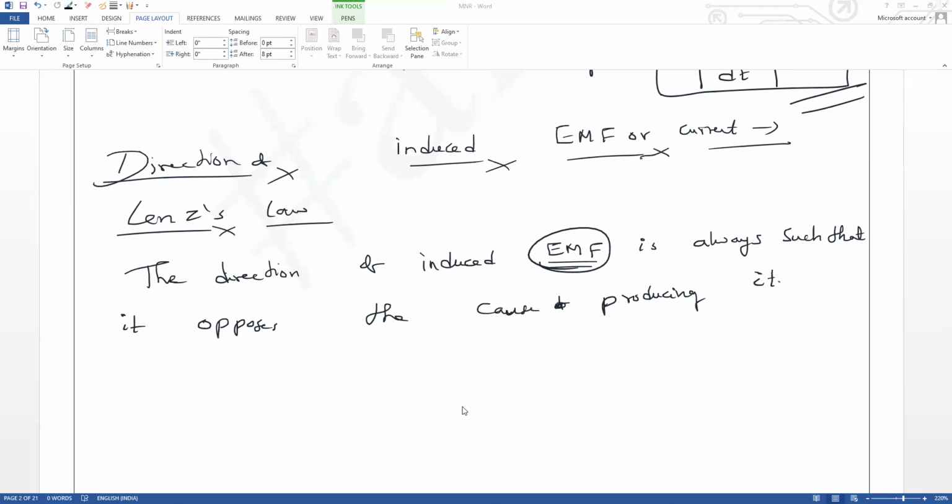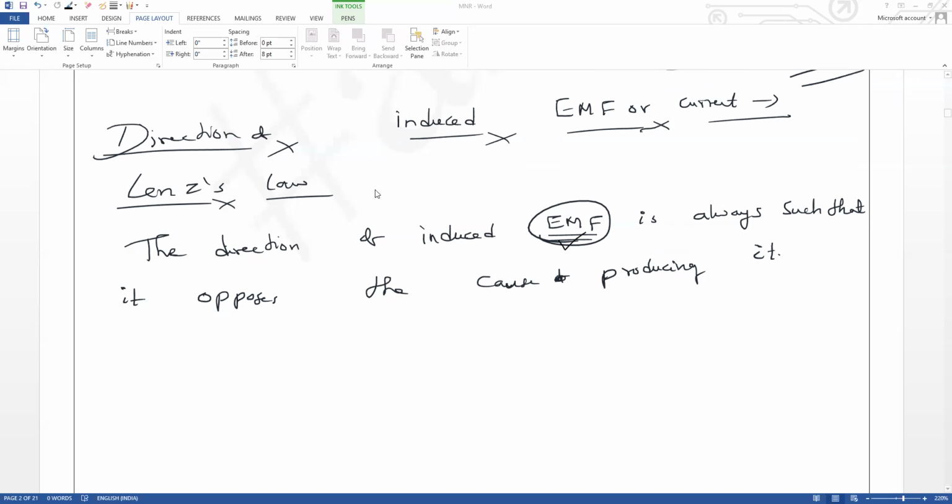Opposes. Understand, everyone? Whatever is responsible for production of EMF, the direction is always such that it opposes the cause. Are you clear, everyone? Yes, sir. That is what is called Lenz law.